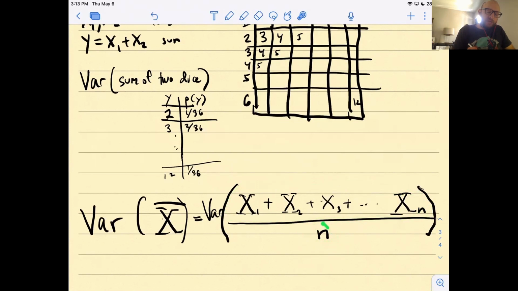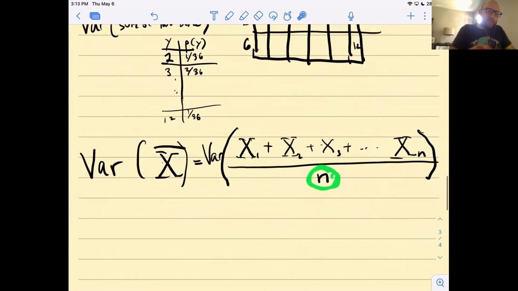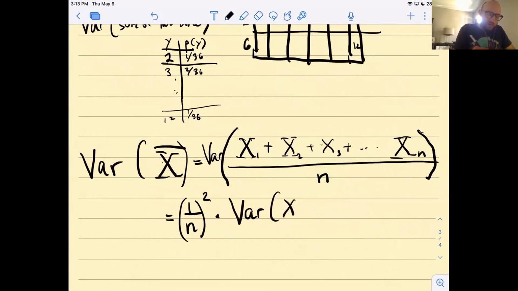But dividing by n is the same as multiplying by 1 over n. So what that's going to do is pull out a factor of 1 over n squared times the variance of x1 plus x2 plus x3 through xn.